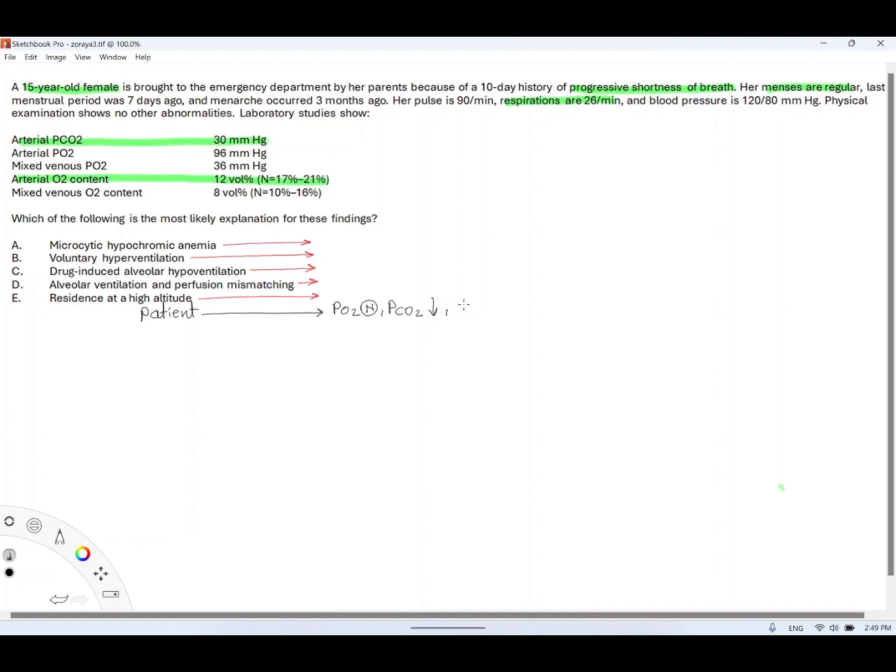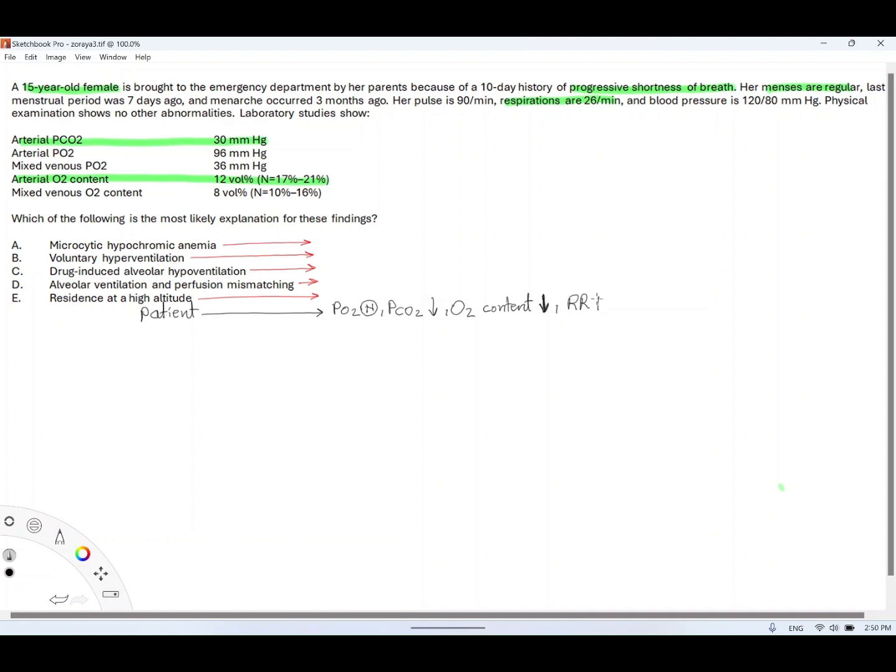What else do we have? Oxygen content. So let's put C for content of oxygen, O2 content. Our patient's oxygen content is very low. So there you go, these are the lab values, and his respiration is high.